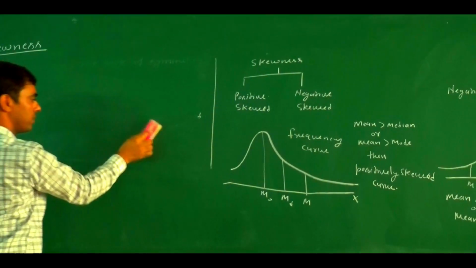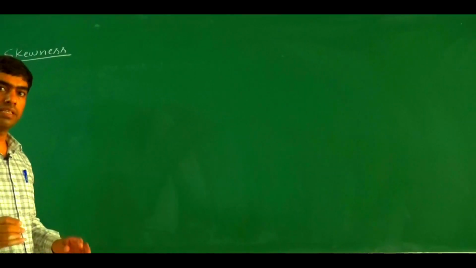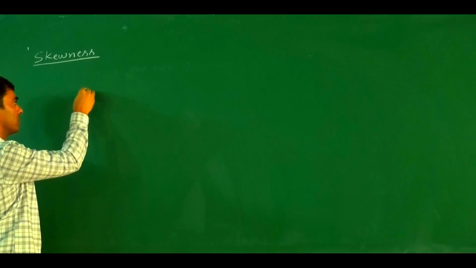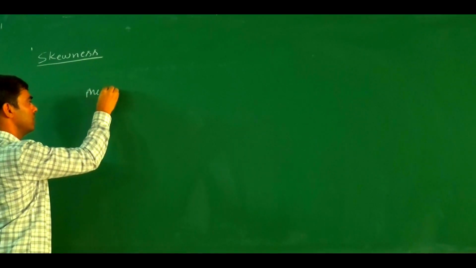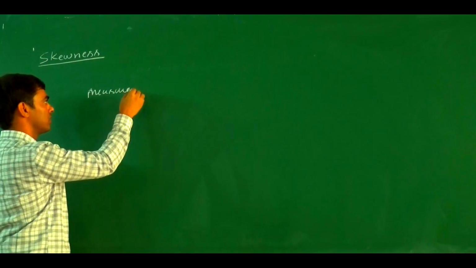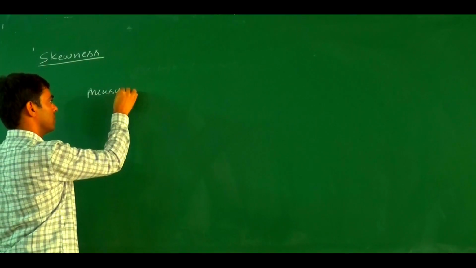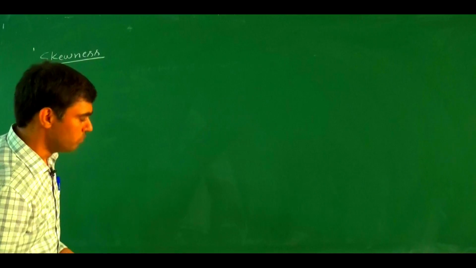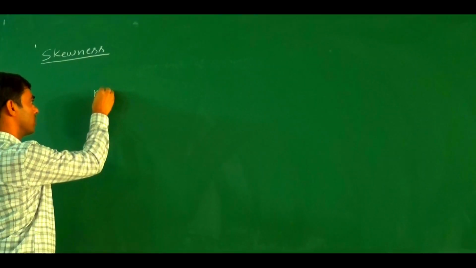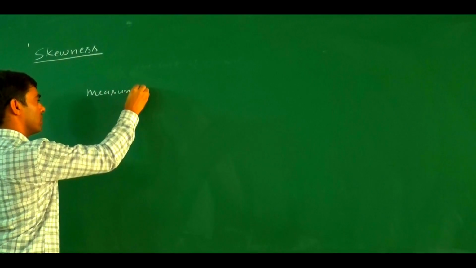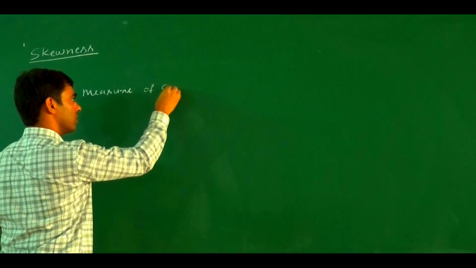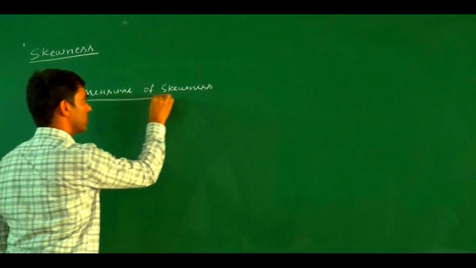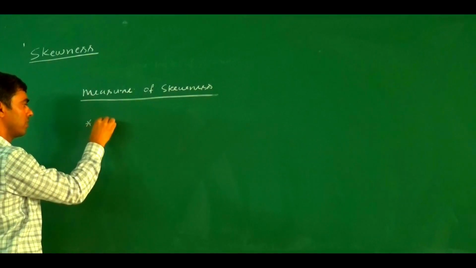So, the measure of skewness: the first one is the absolute measure.